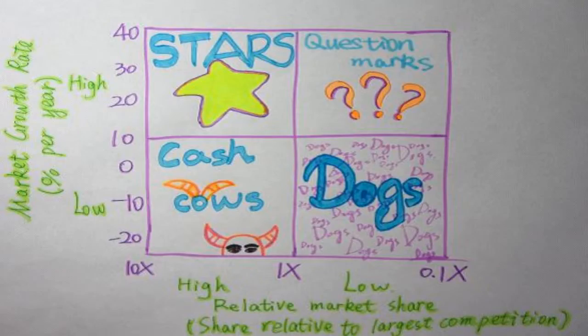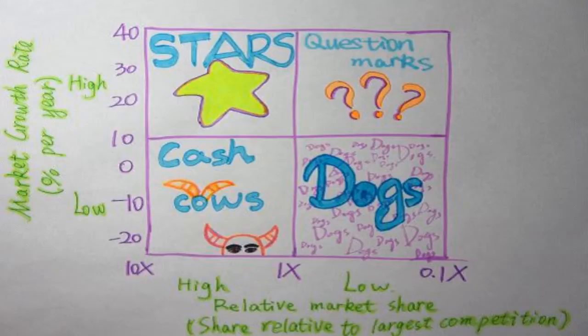The BCG business portfolio analysis requires an organization to locate the position of each of its SBUs on a growth share matrix. The vertical axis is the market growth rate, which is the annual rate of growth of the SBU's industry. The horizontal axis is the relative market share, defined as the sales of the SBU divided by the sales of the largest firm in the industry.